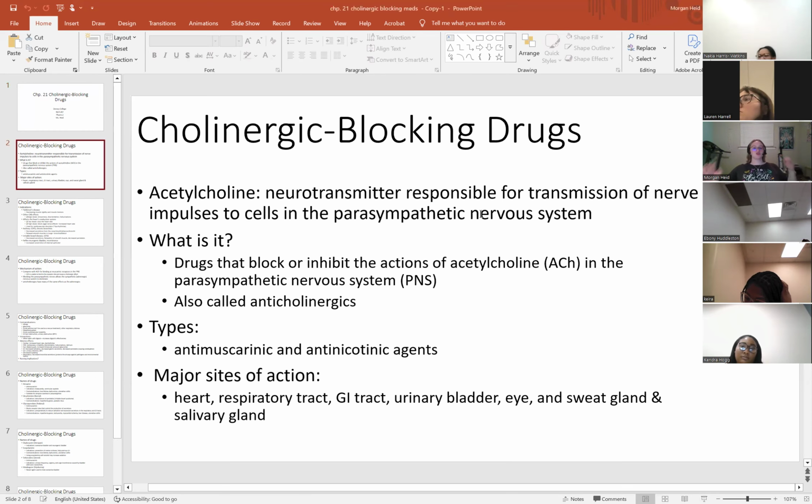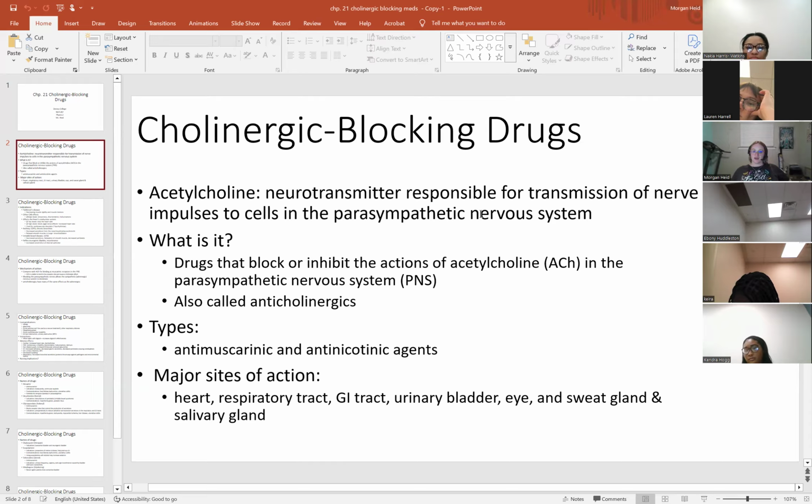So these medications are cholinergic blockers. They are literally going to block the acetylcholine from landing on the muscarinic and the nicotinic receptors. Because again, the acetylcholine makes the parasympathetic nervous system work. That's what helps send the messages through the nervous system.